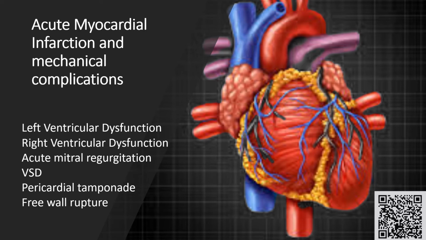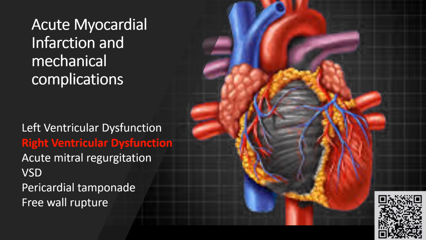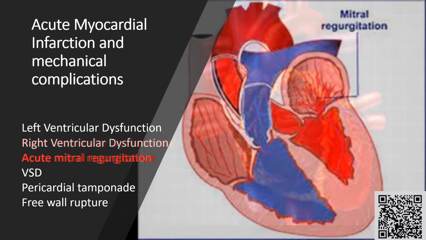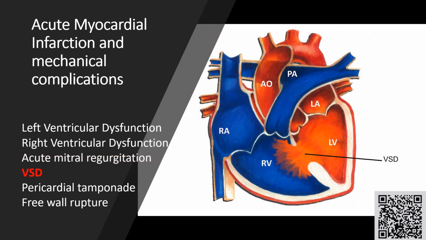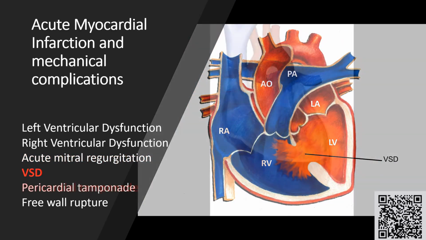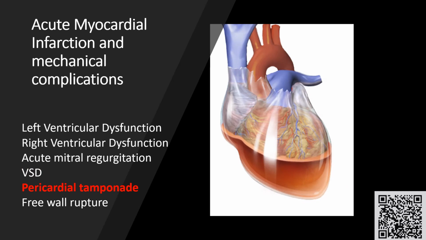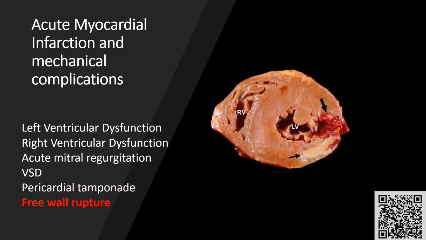However, there are other etiologies besides myocardial infarction which could very well play a role. It's generally due to left ventricular dysfunction, right ventricular dysfunction, acute mitral regurgitation, a ventricular septal defect, pericardial tamponade, or free wall rupture.